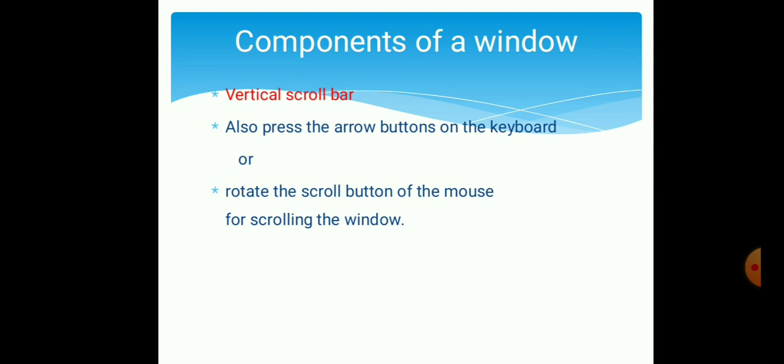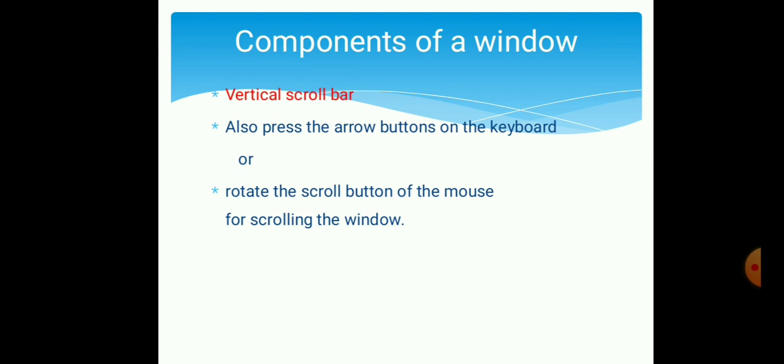So instead of clicking on the scroll bar, you can just scroll the scroll button. Where will be the scroll button? In between the left and right buttons, isn't it? The mouse has a scroll button in between left and right mouse button. If you scroll on that, the document, or any pages, anything can be moved from top to bottom. Is it clear, children?